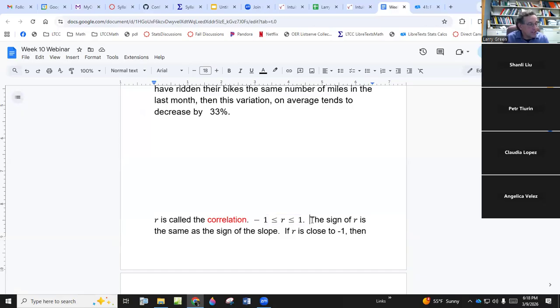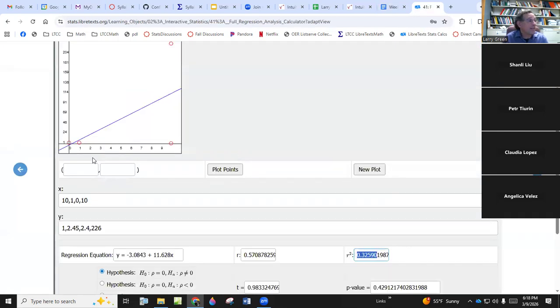Just note the sign of R is the same as the sign of the slope. So again, if we look at this picture, we see that the line is going upwards from left to right, has a positive slope, and R is positive. That will always coincide.